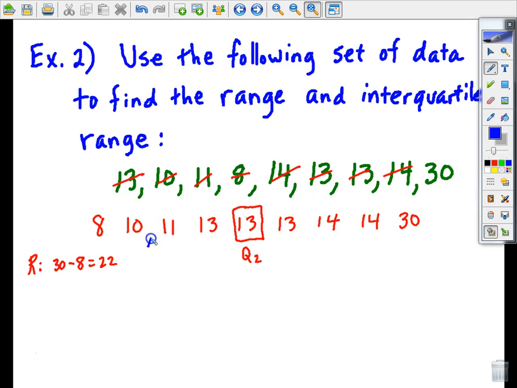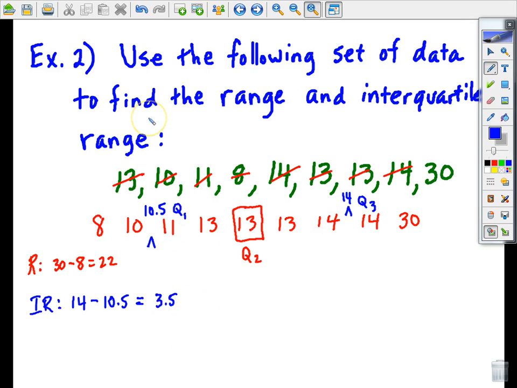And so over here, the one that's in the middle would be 10.5. It's Q1. Over here, between 14 and 14, that is 14. It's Q3. And now to find interquartile range, I just take Q3 and subtract from it Q1. And I get my interquartile range, which is 3.5.